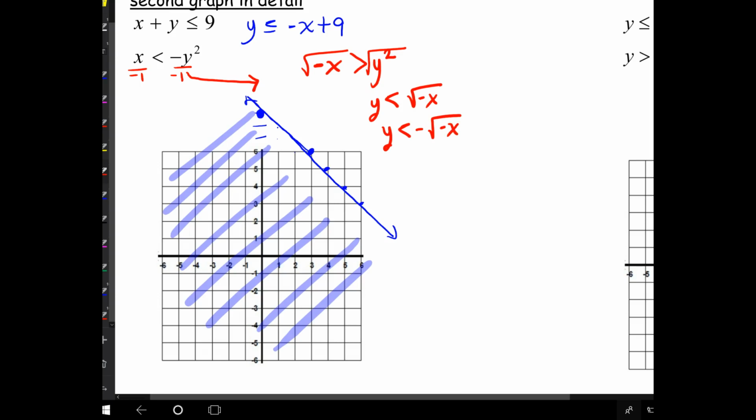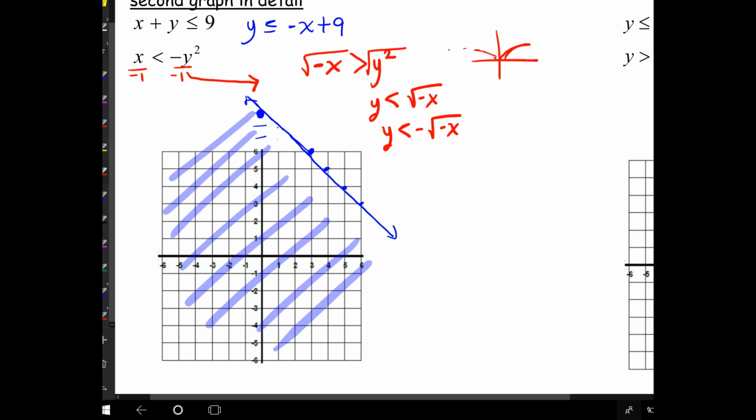Now I know we have dealt with the square root of x before, but it is okay to reach for your calculator if you don't quite remember. But looking at the square root of x, do you guys remember that it's going to look like this? What do you think the negative on the inside is going to do to it? It's going to be reflected over the y-axis?